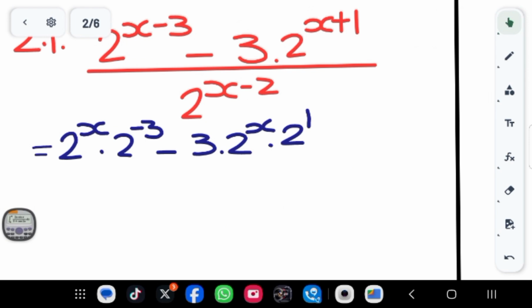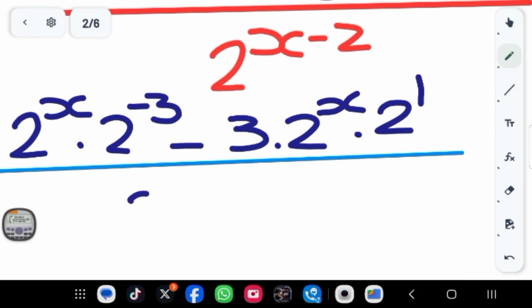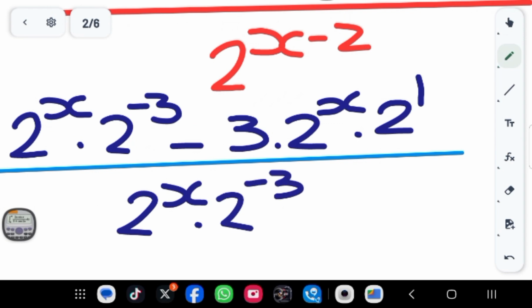That's how we break that up. Now that is all over. Same story at the bottom. We also break that into its powers. That's what we get.